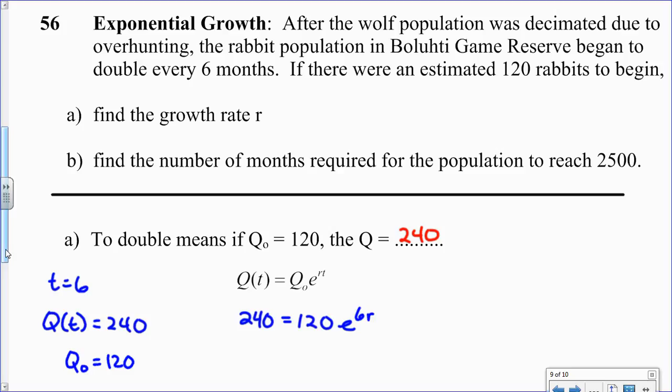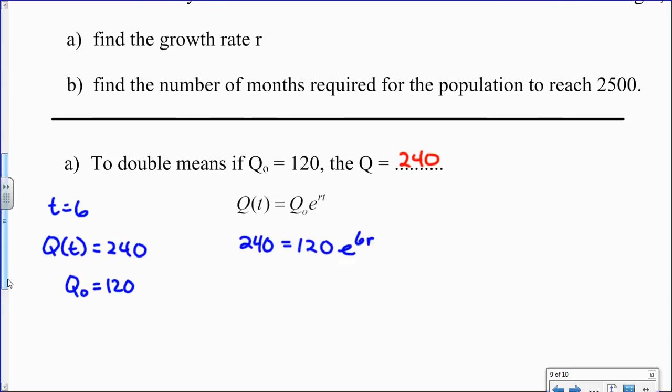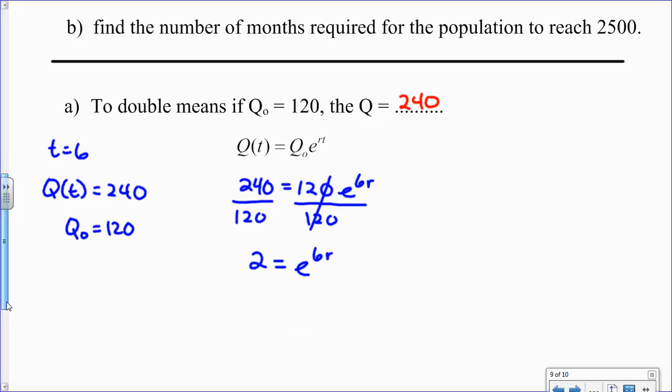Okay, so let's solve this. Note that your variable is in the exponent, so at some point we're going to do a log. Let's get base E by itself, so divide by 120. And that should give you 2. Okay. Base E, so you want to do log base E of both sides. Well, what's log base E? Natural log.